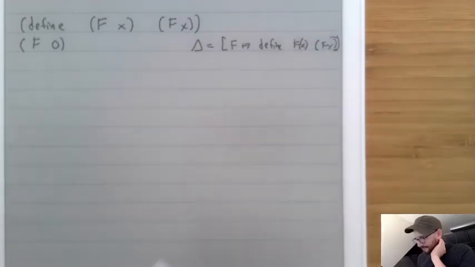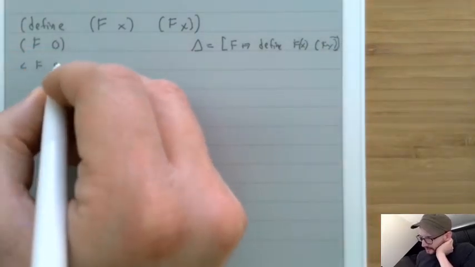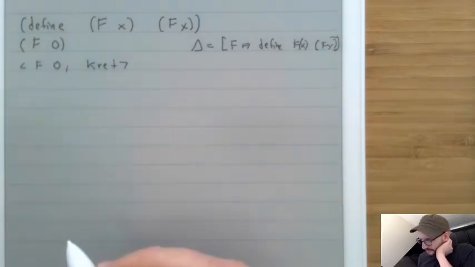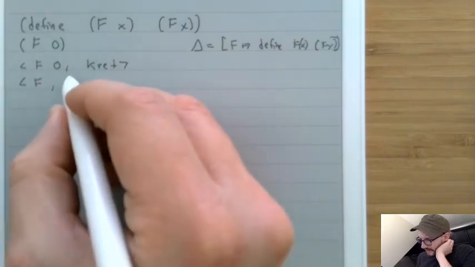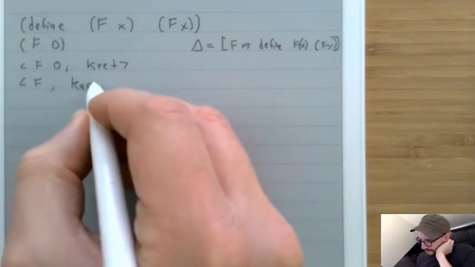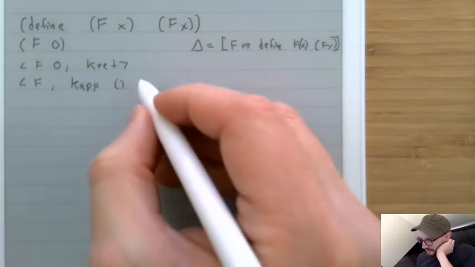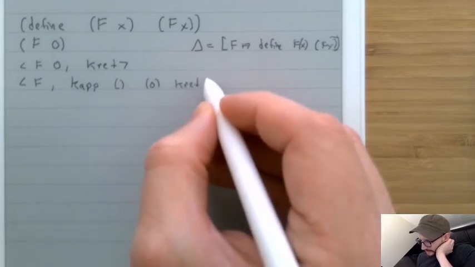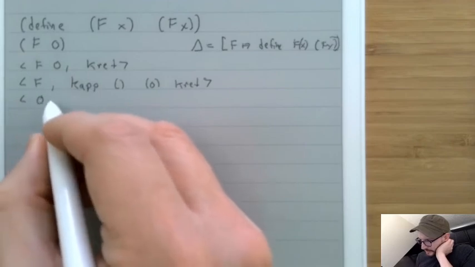Okay? We would inject, and so we would get f 0 and then kret. All right? Then we would focus on f, and we would have a kapp that had no values, and then 0 as the next expression, and then a kret. Then we would focus on the 0.